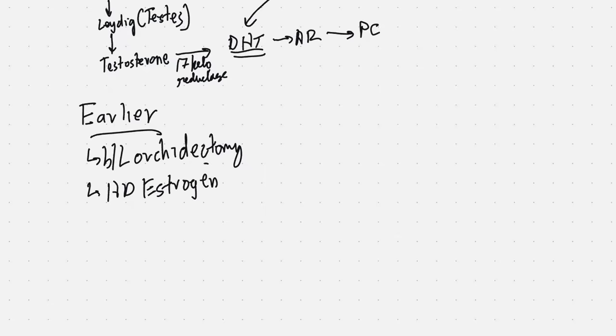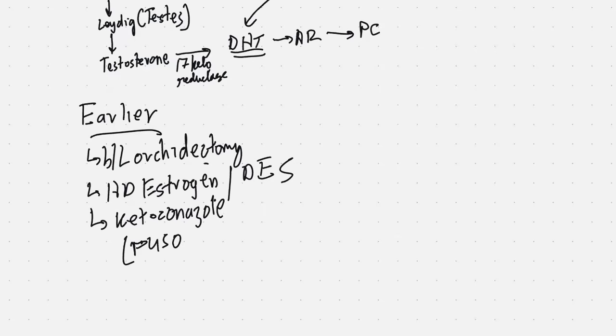Even diethylstilbestrol was used. And another technique that was used was ketoconazole. So ketoconazole is actually a P450 enzyme inhibitor. Okay, so the cytochrome P450 system of enzymes is inhibited, and that leads to less production of dihydrotestosterone because these enzymes are needed for the production of DHT.